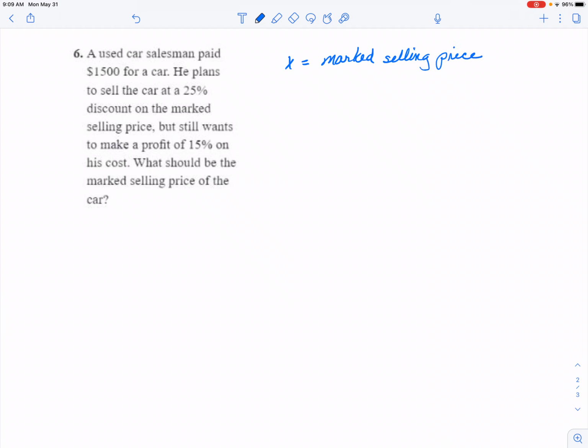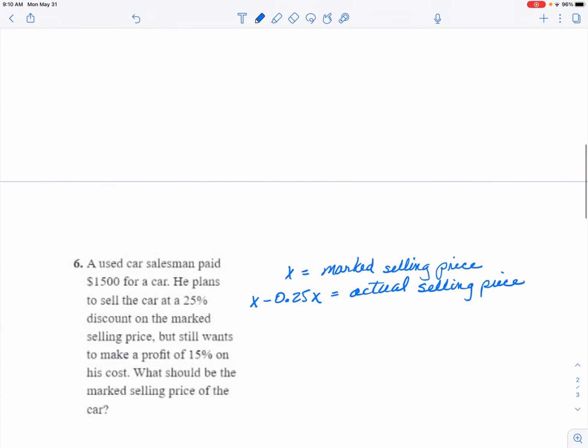And just like we did before, he wants to take that price tag and be able to discount it by 25%. And that's going to be the actual selling price. So here we go.